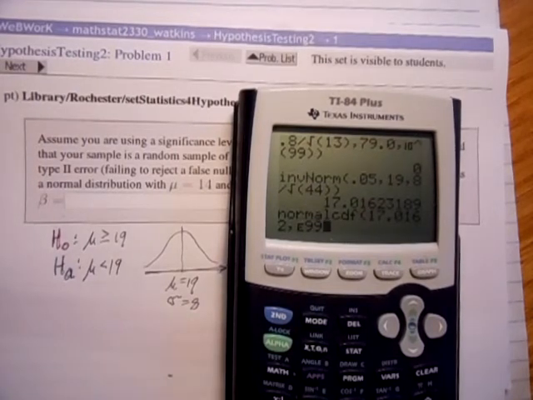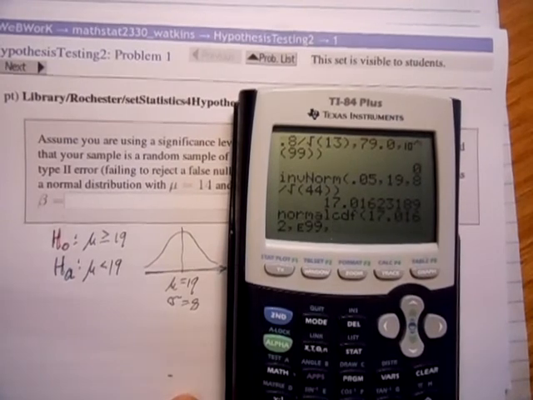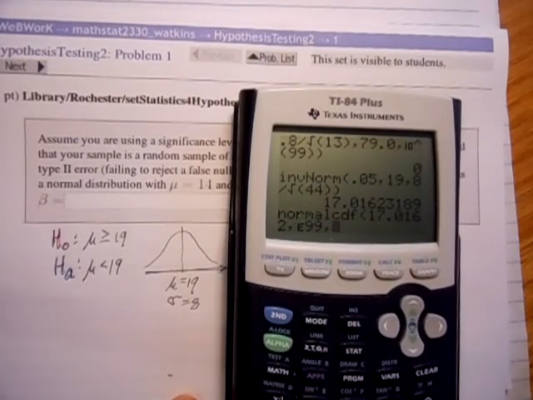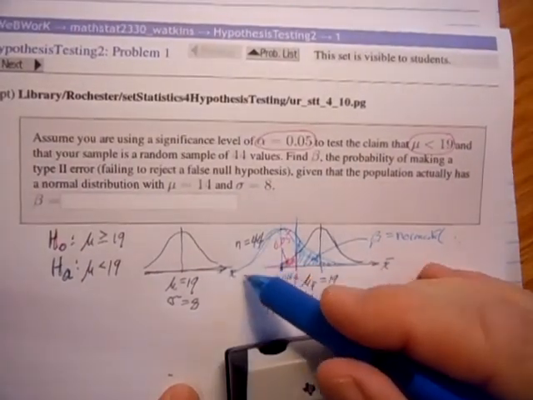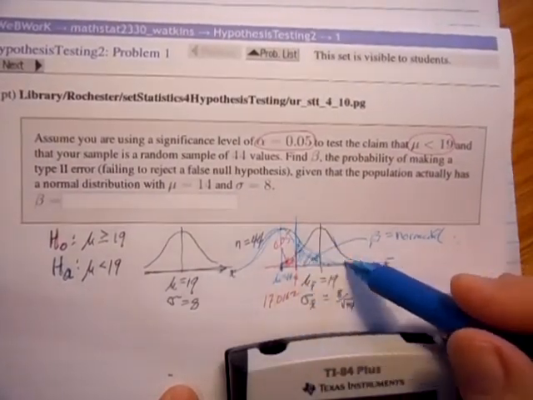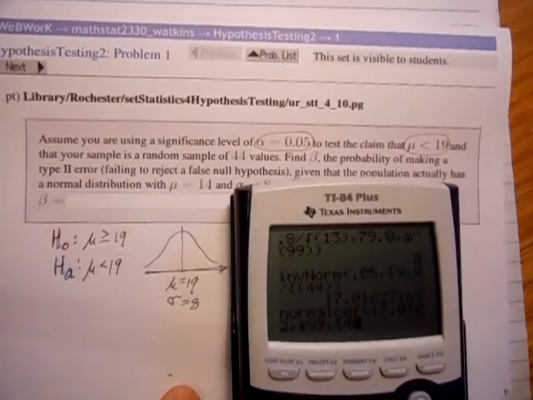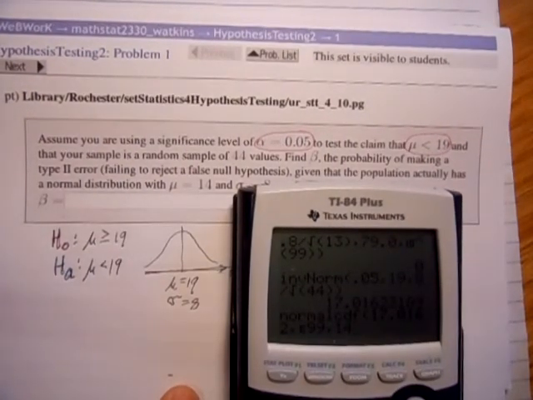That's big enough that, of course it isn't out to infinity, but it's out there far enough. A mean of 14, remember that's what we're saying, suppose that the real mean really was 14, and so we're trying to find this area, and a standard deviation of 8 divided by the square root of 44. That would be the standard deviation of those sample means.